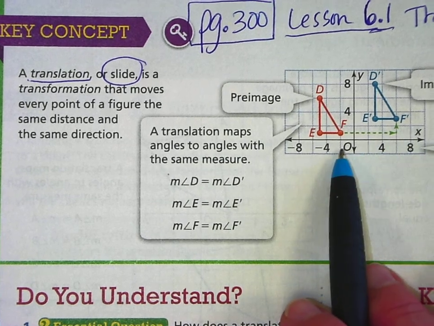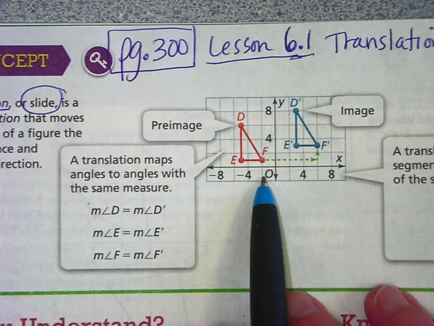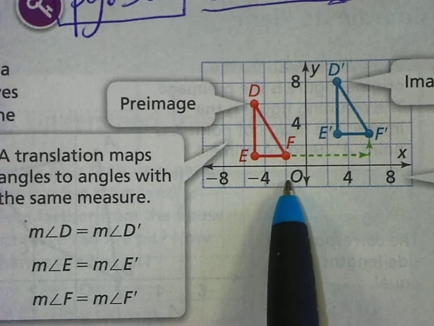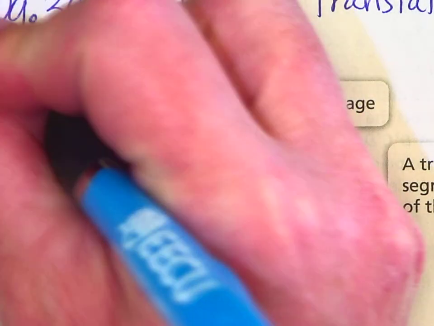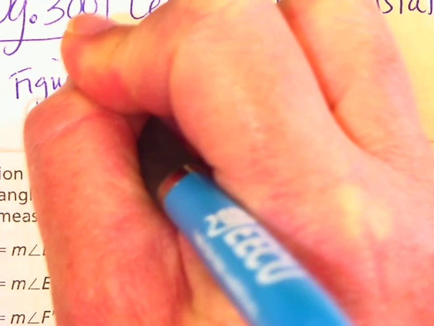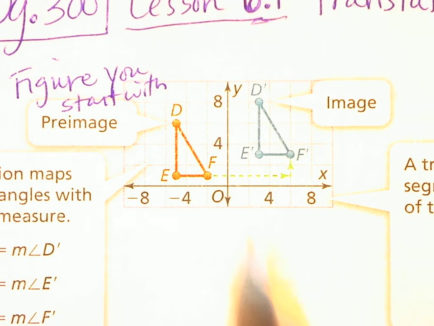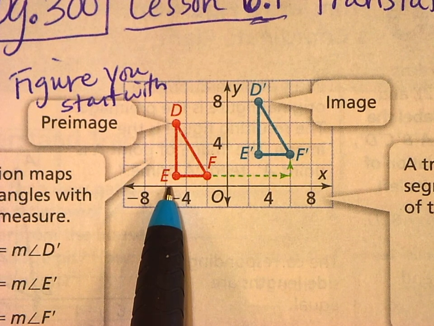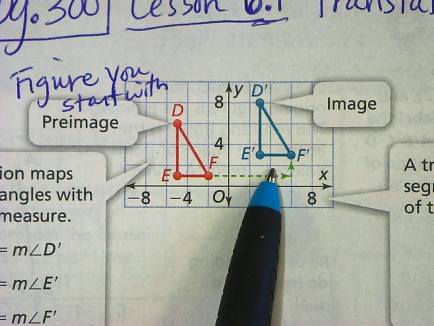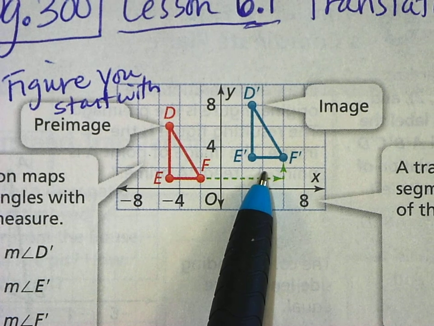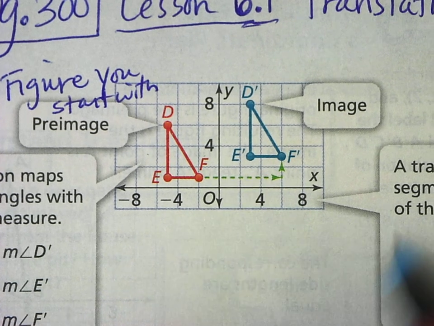So if you take a look at these two figures, this red one is called your pre-image. This is the figure you start with. It's triangle DEF. Your final image, after you translate it and slide it to a different spot on your coordinate plane, is called your image.